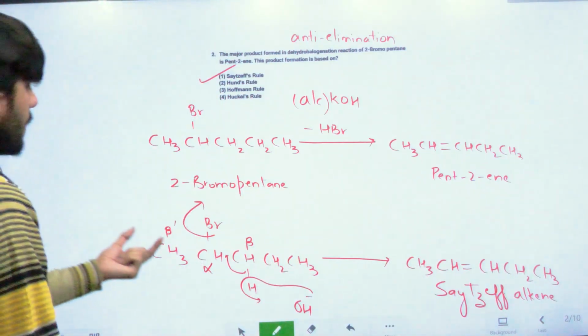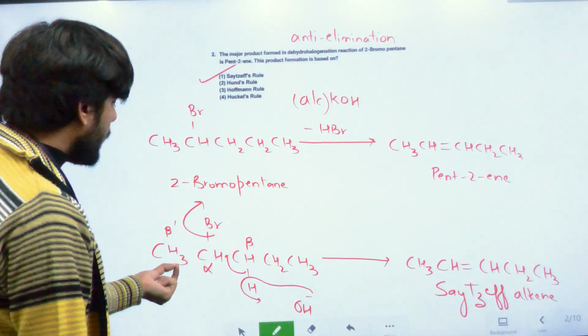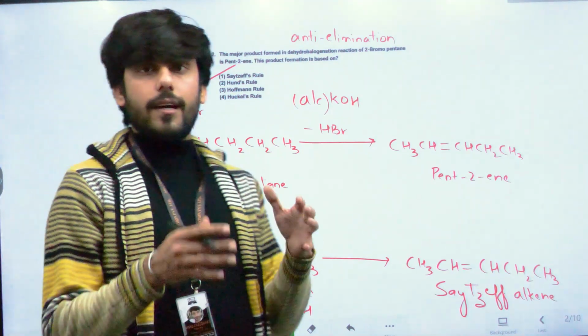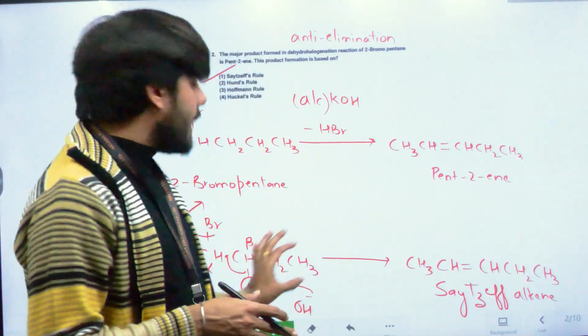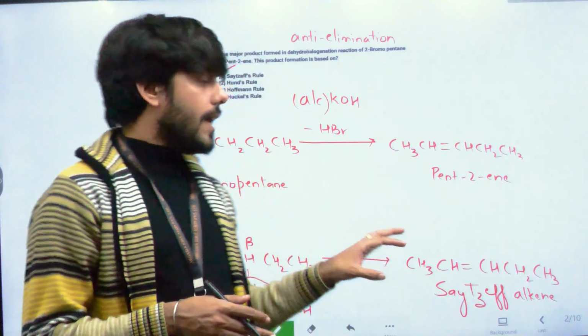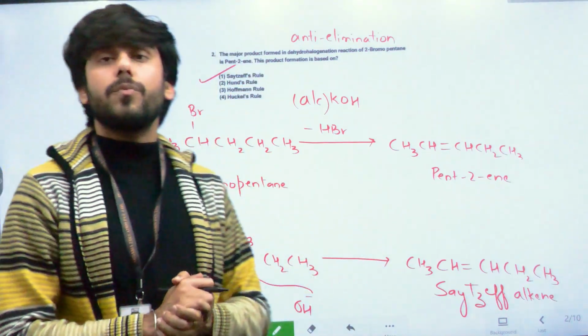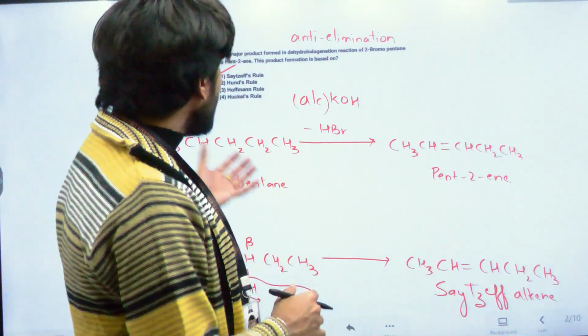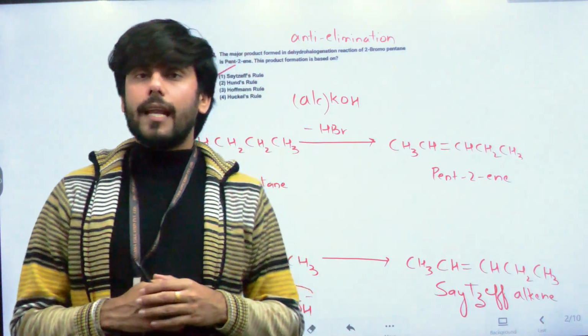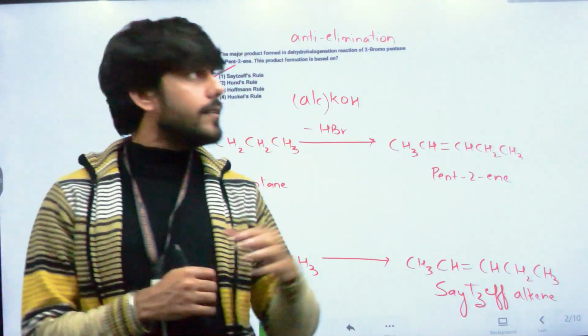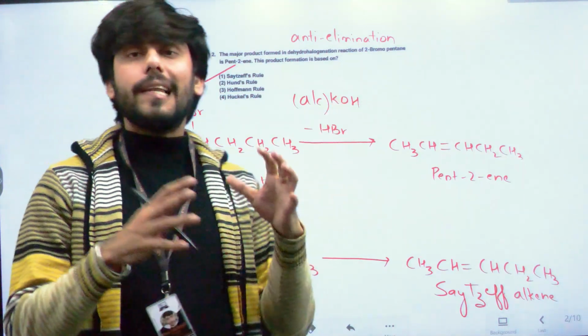Now here, if I abstract this particular hydrogen, I end up getting the less substituted alkene, which is less stable, and we call that alkene the Hofmann alkene. We get the Hofmann alkene in elimination reactions when there is the presence of a bulky base.